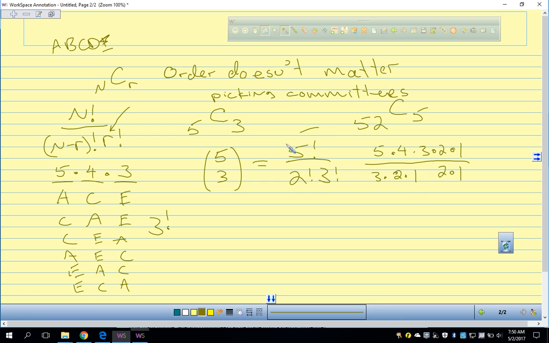Basically, this is the permutation. Whoops, did I cross out the wrong thing? I crossed out the wrong thing. Let me go back.